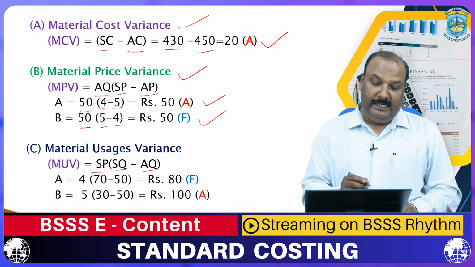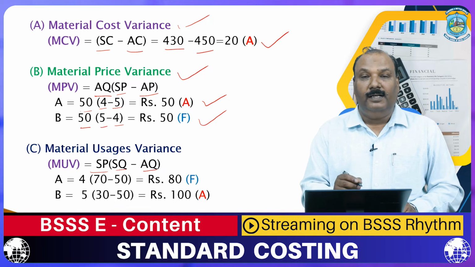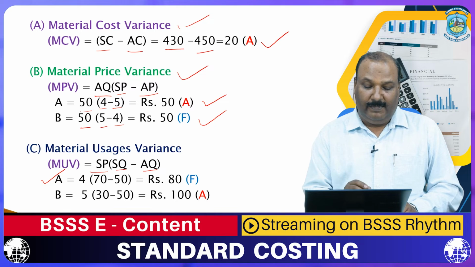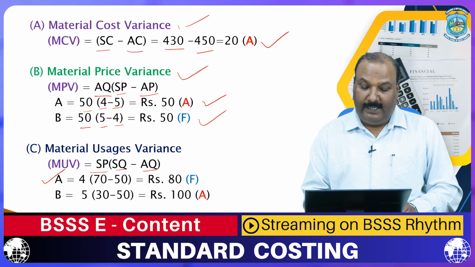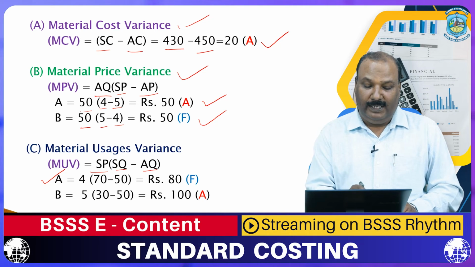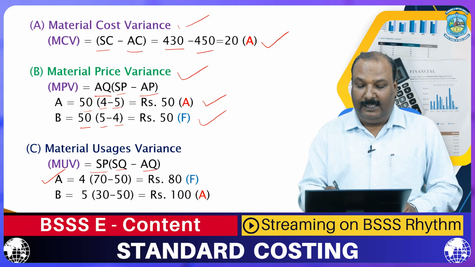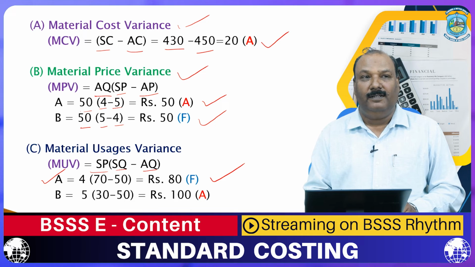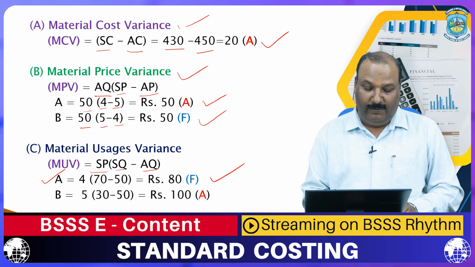For A, standard price given is 4, the difference between 70 minus 50 is 20, 20 multiplied by 4 is 80 rupees, which is favorable because the value is positive.